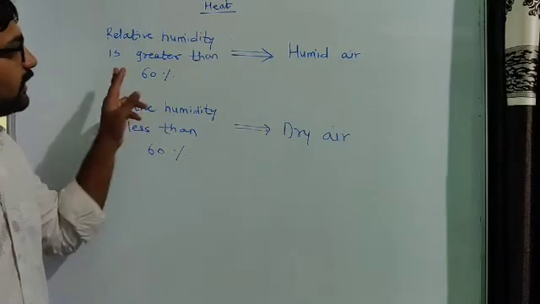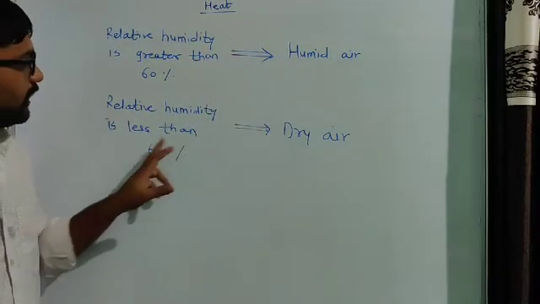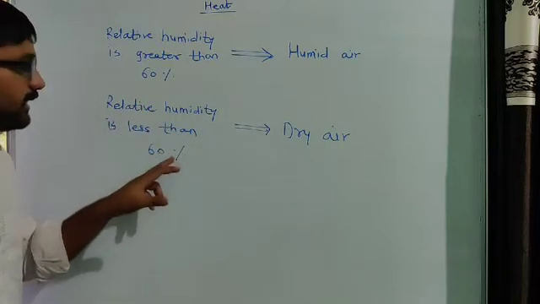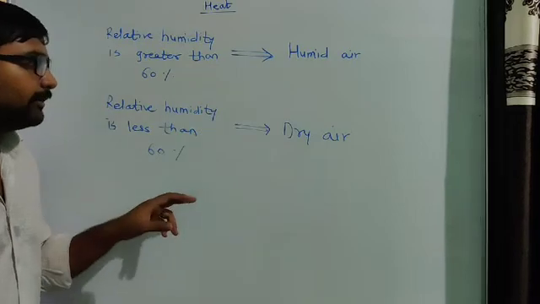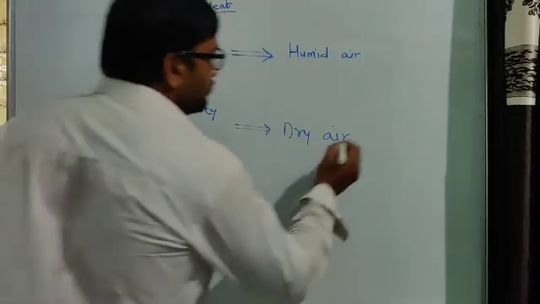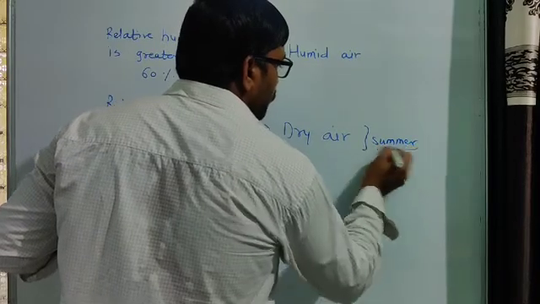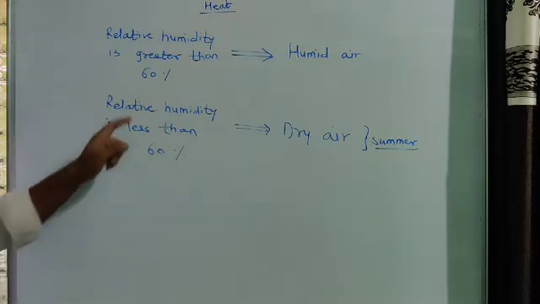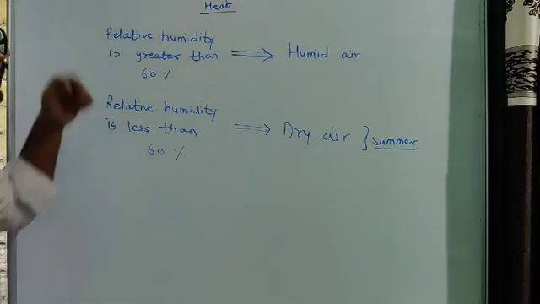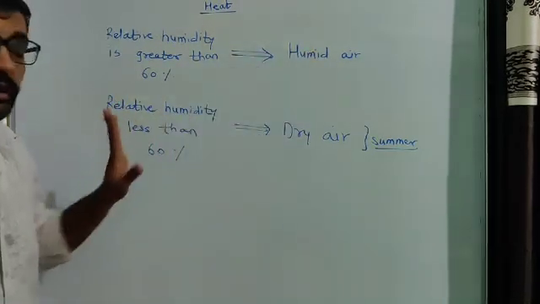Such air is called dry air, where relative humidity is less than 60%. Such a case we generally see in the summer season. Humid air is where relative humidity is greater than 60%.